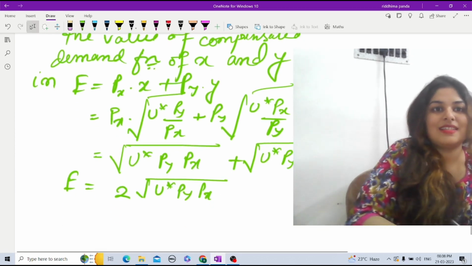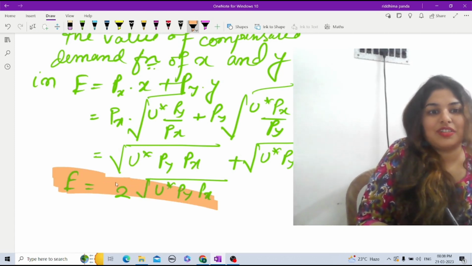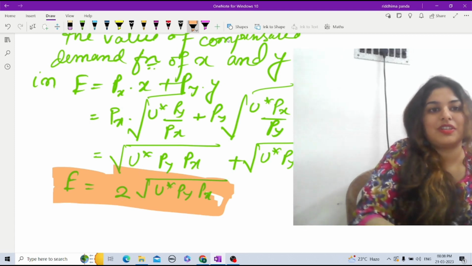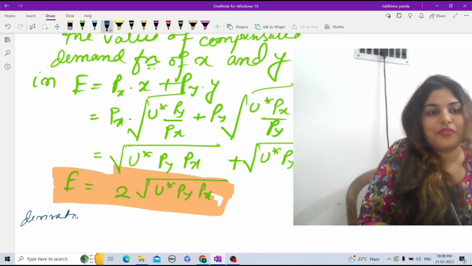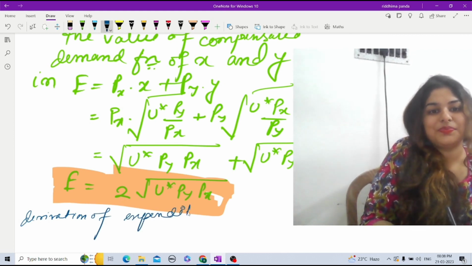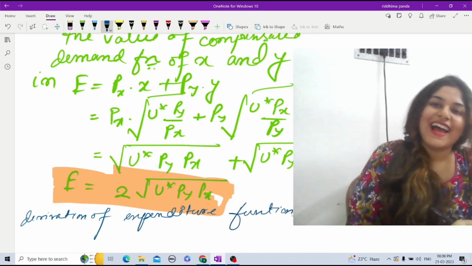So this is our required expenditure function. So this is the derivation of the expenditure function. I hope it's clear.